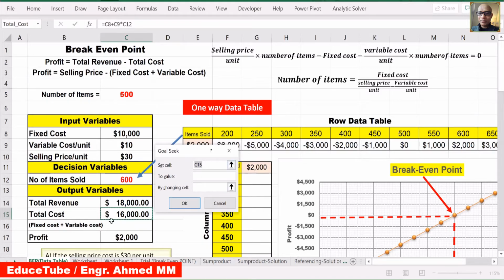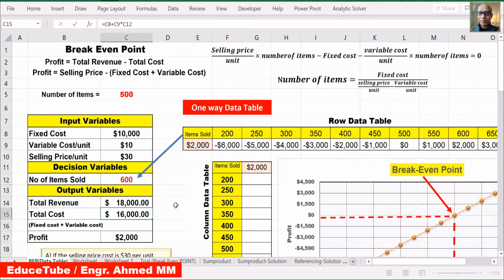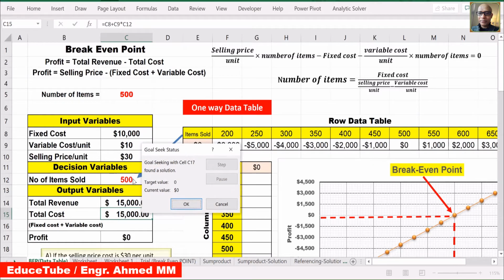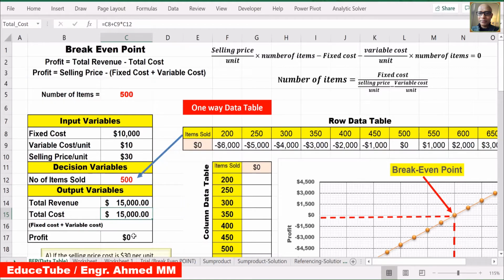Now, as I told, this profit, C17, I have to consider it 0 by changing cell. Which one? Number of items sold. So click here, select this, press OK. It is generating. You see, it generated 500. So it is done. Profit 0, number of items sold is 500.